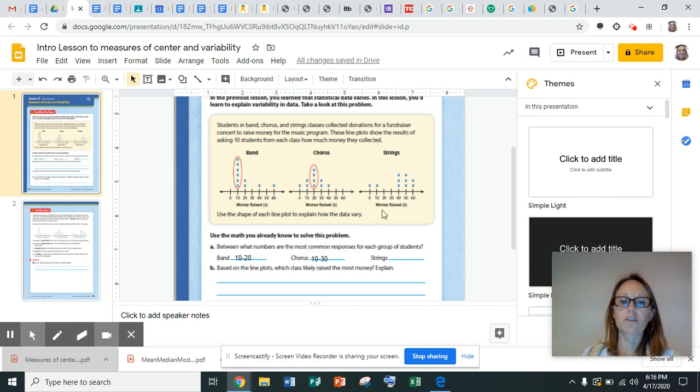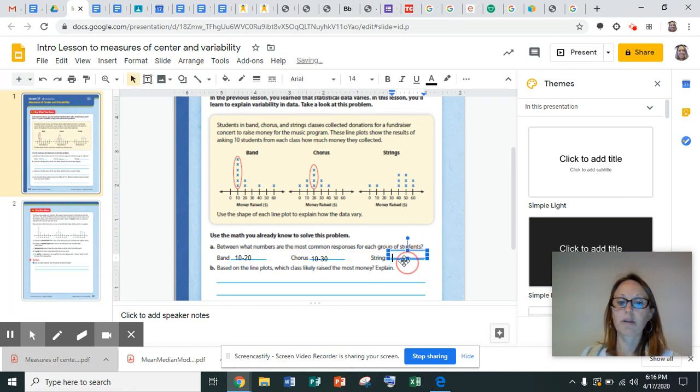Then when I look at the strings, I'm going to see that most of it is between 40 and 60. So I'm going to put a text box here, like I said, and I'm going to put 40 to 60.